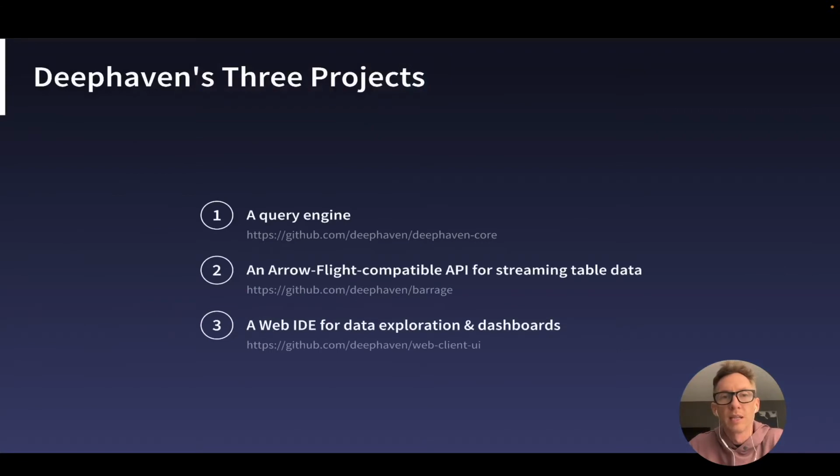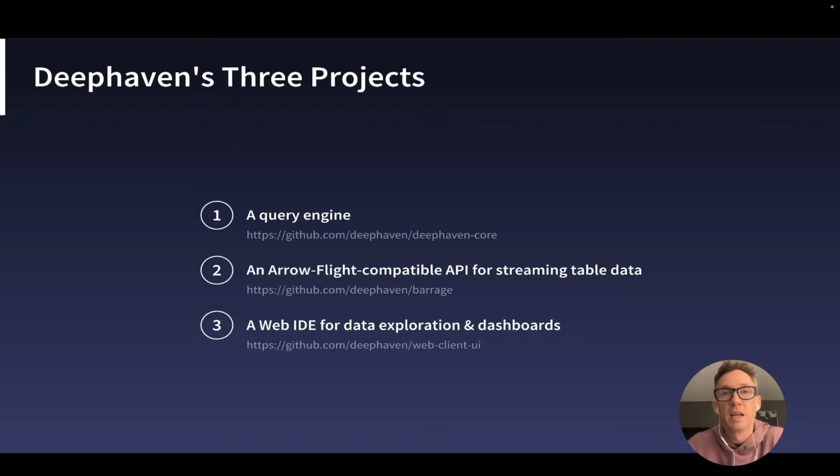I want to introduce you to the open source projects that Deephaven has made available and is continuing to evolve in the service of data scientists, AI and ML engineers, particularly at the intersection of your workload and real-time data. At the core of today's conversation are three open source projects. The first is a query engine that's particularly unique in addressing real-time and historical, or static, data together.